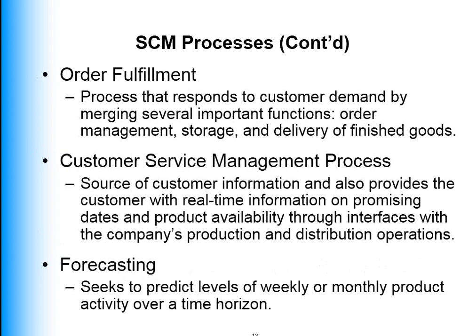Order fulfillment. The process that responds to customer demand by merging several information functions: order management, storage, and delivery of finished goods. Order fulfillment is sometimes a form that the customer needs to fill up. So those are driven by customer demand and the order management from the manufacturer or the reseller or distributor that needs to be delivered.